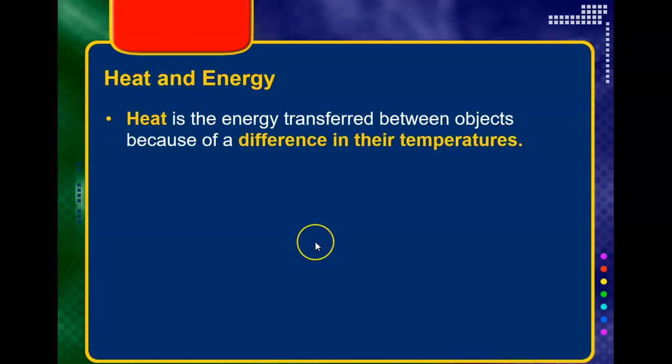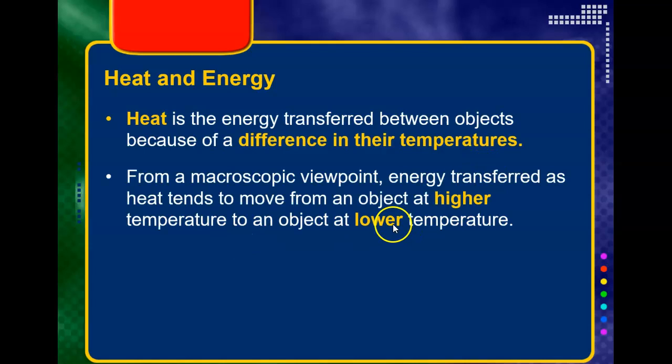Okay, heat, on the other hand, is the energy transfer, because objects have a difference in their temperatures. So from a macroscopic view, from a large point of view, energy transferred as heat tends to move from an object of higher temperature to an area of lower temperature. Just like if you think of electric potential energy, same basic idea.